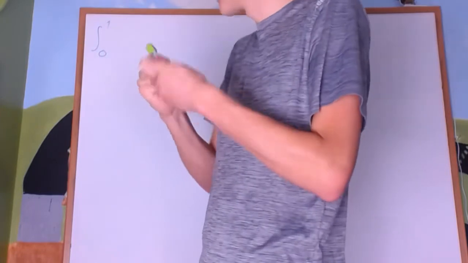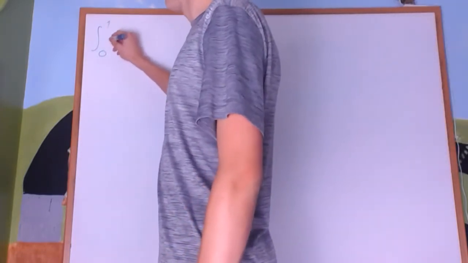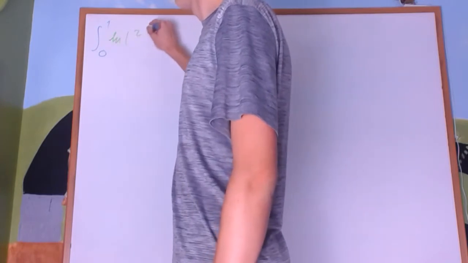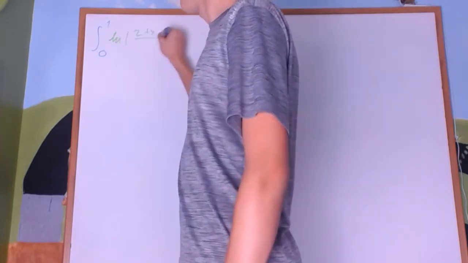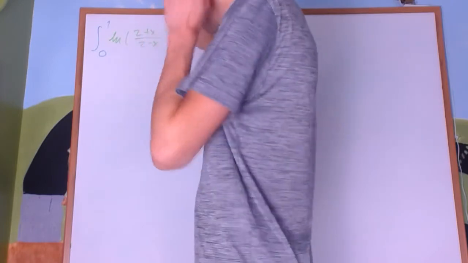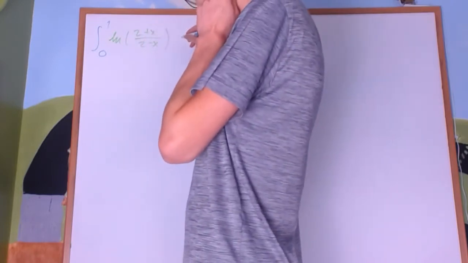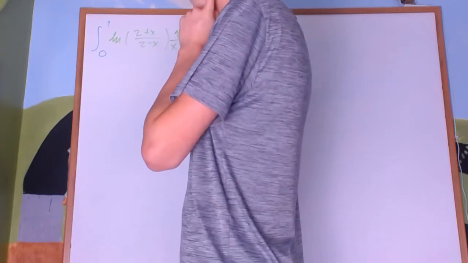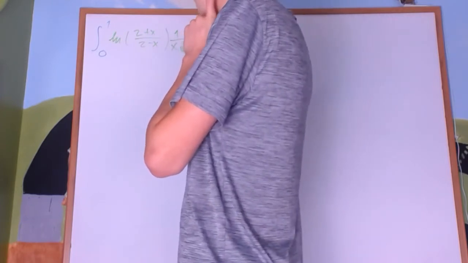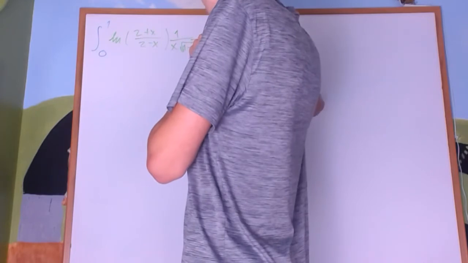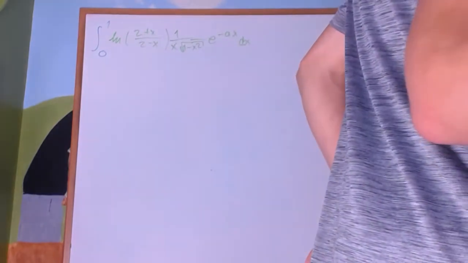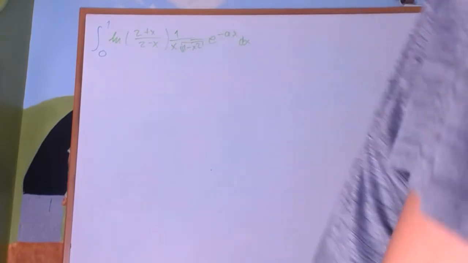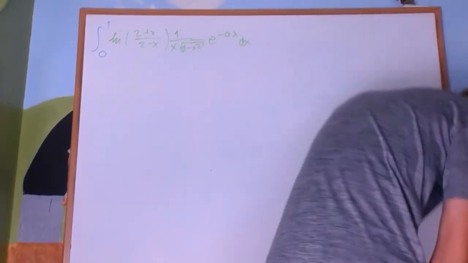I'm doing blue again for some reason. You do the stupid stuff. 2 plus x, 2 minus x. Already forgot it. 1 over x, square root of 1 minus x squared. E to the minus ax? Why would you do that?